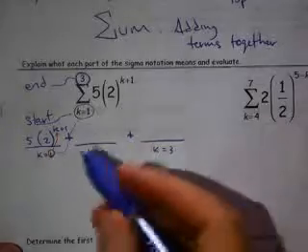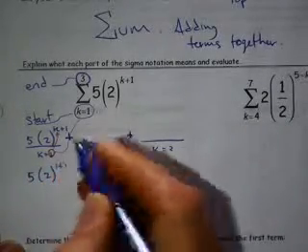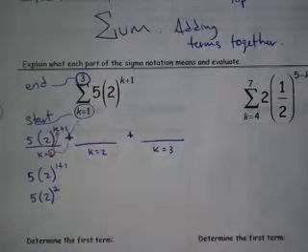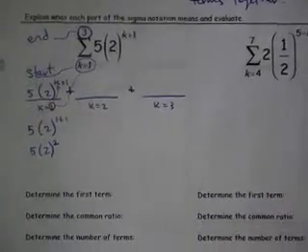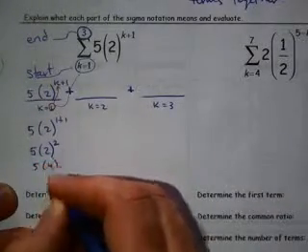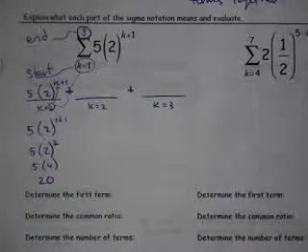BEDMAS says we do our exponents first. So 2 squared is 4, so it's 5 times 4. The value here is 20. The first blank's value is 20.